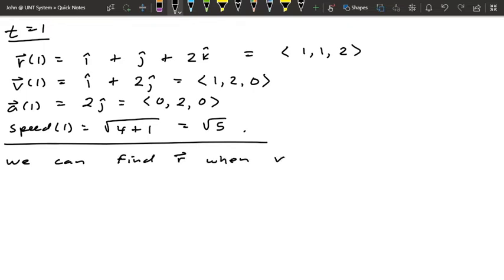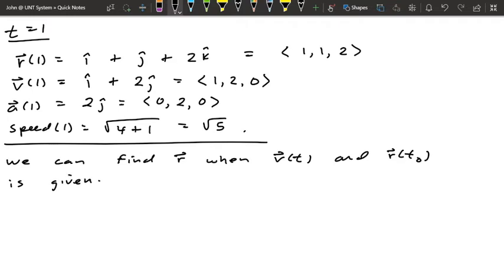So if you know the velocity and also you know the position at some particular time, just one data point, one particular value of the position function, so we can find r when that information is given.